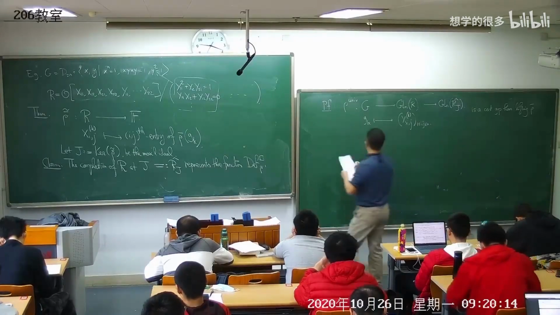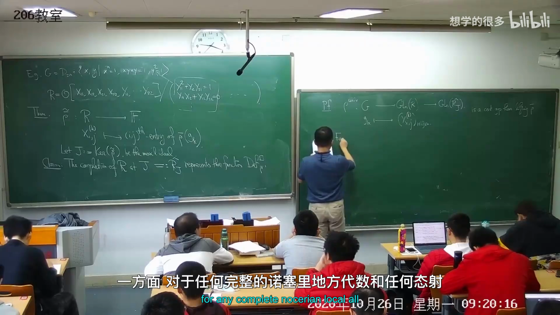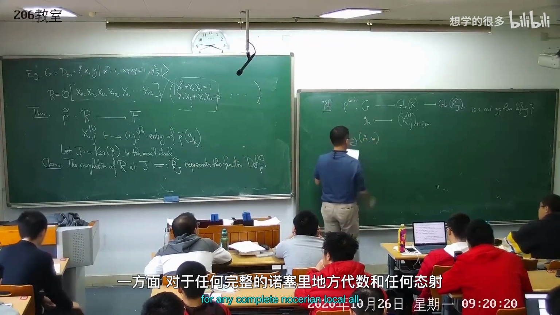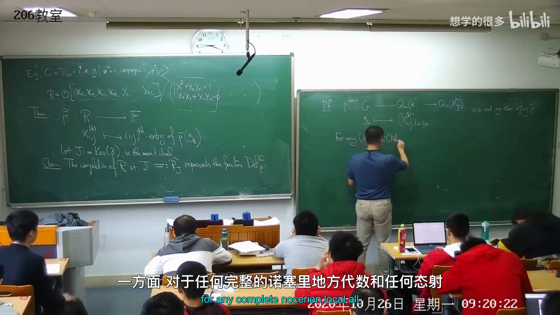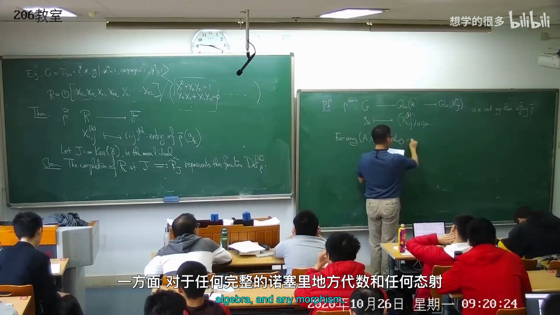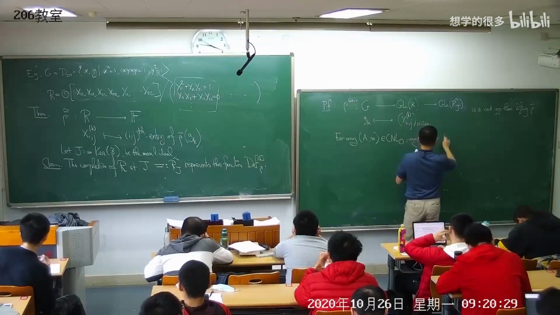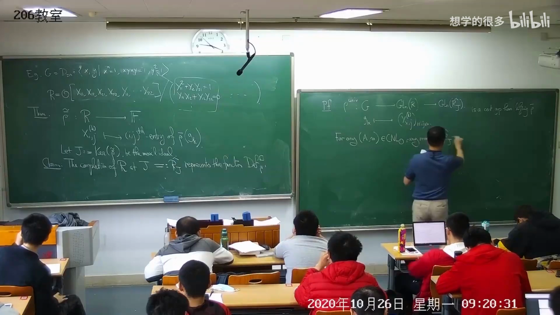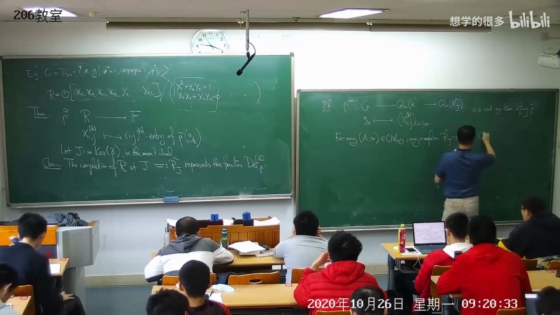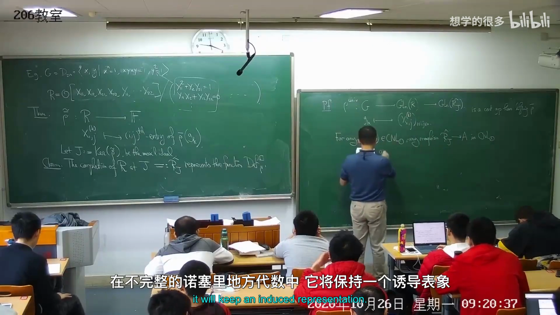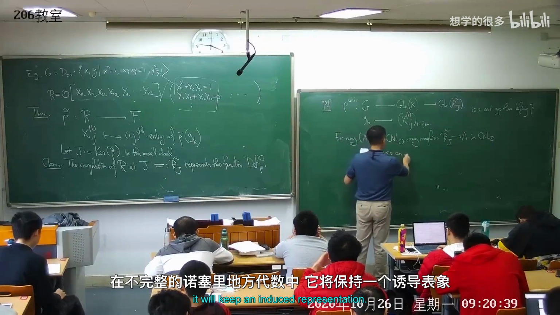Now, on the one hand, for any complete Noetherian local O-algebra A and any morphism from R_J hat to A, it will give an induced representation.